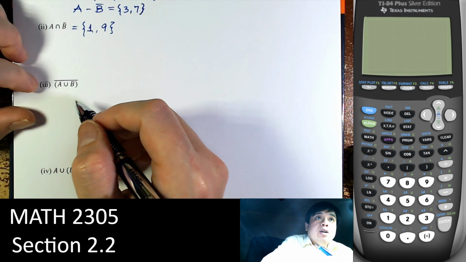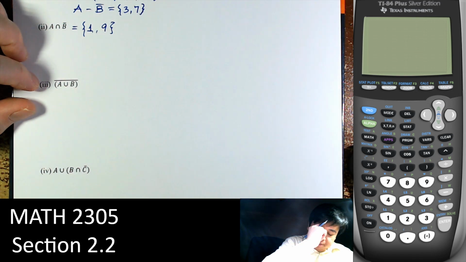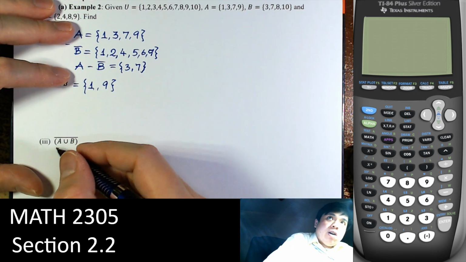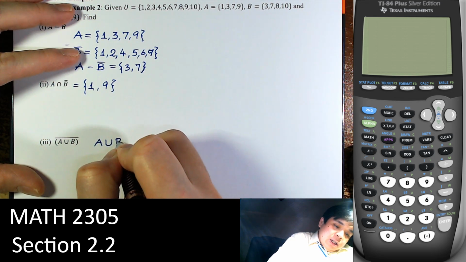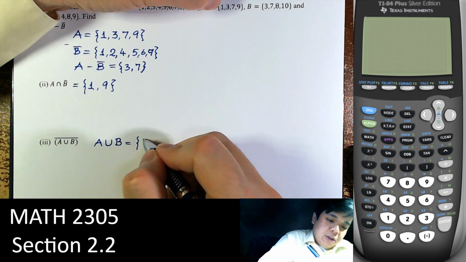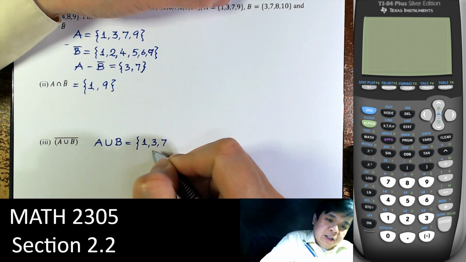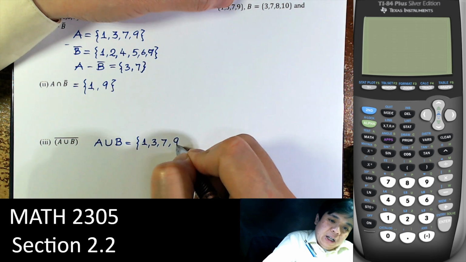Right. Now this, complement of A union B. Of course, we can find it using De Morgan's law, but we just find it as is. First, we find A union B. So it's 1, 3, 7, 9.